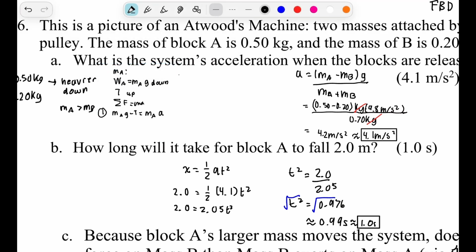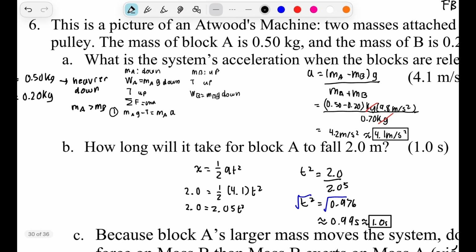Now, for block B, A is going to be moving down and B is going to be moving up. So T is going to be acting up, and the weight of B, which is mbg, is going to be acting down. So it accelerates upward.